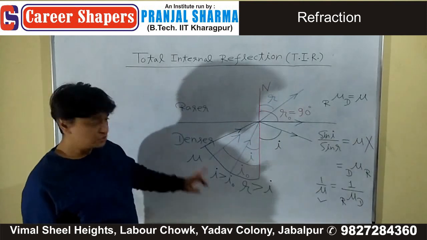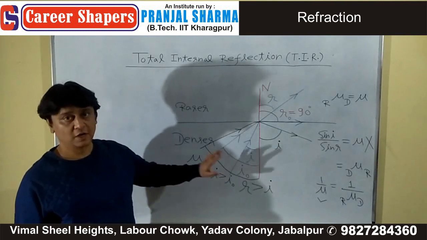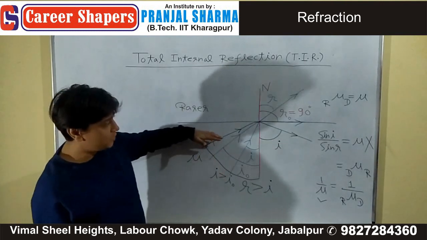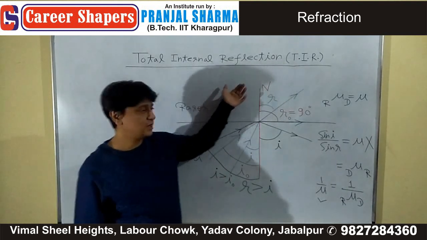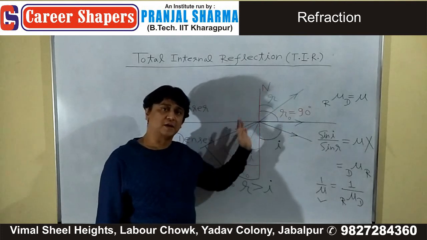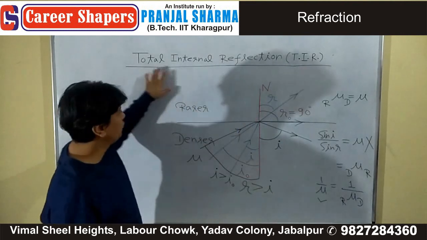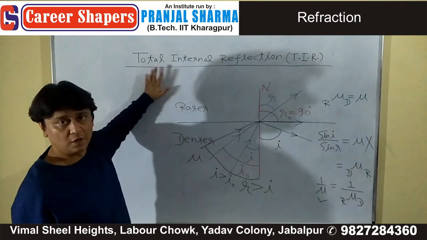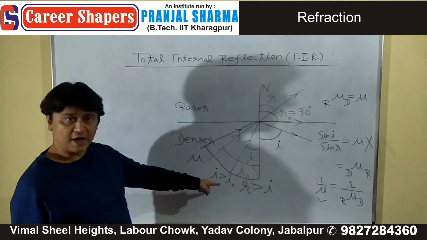But once you cross this threshold, this i naught, then no part of the light or energy can move from the denser into the rarer medium. All that energy will be reflected back into the same medium, and therefore we call it total internal reflection. Our aim is to find this critical angle i naught.